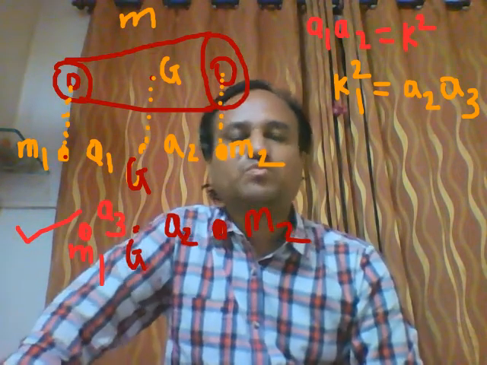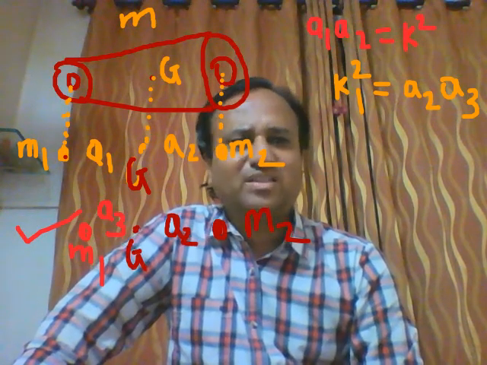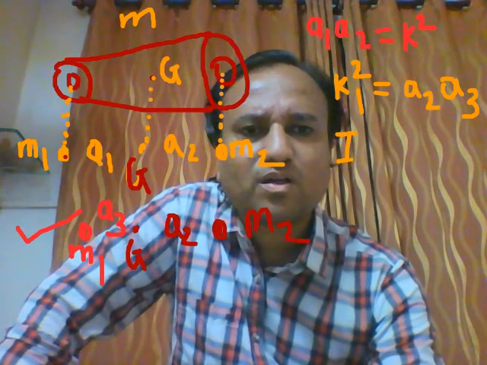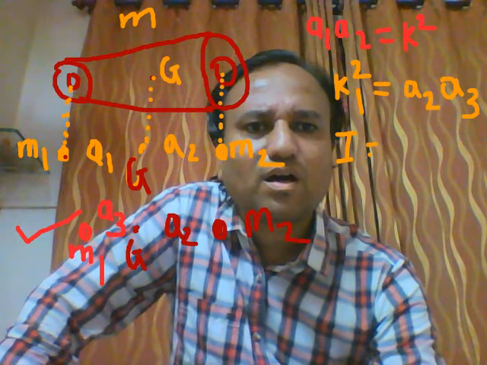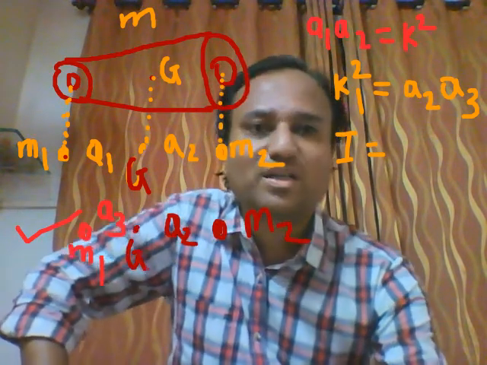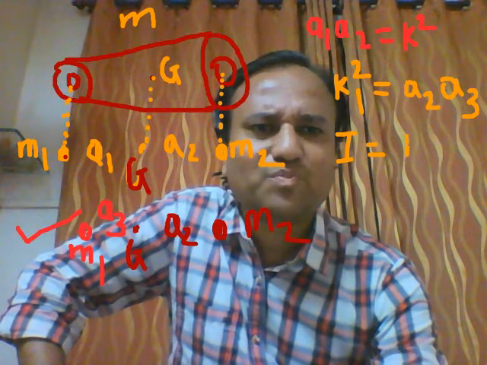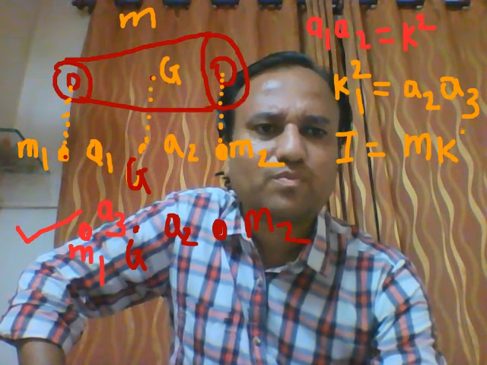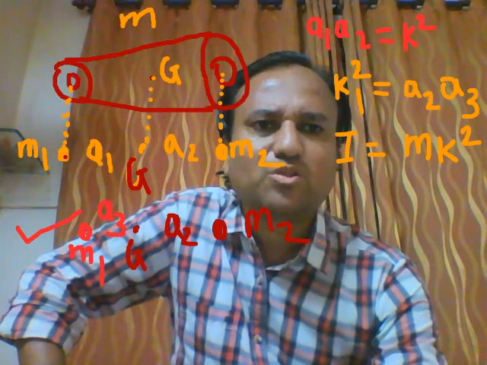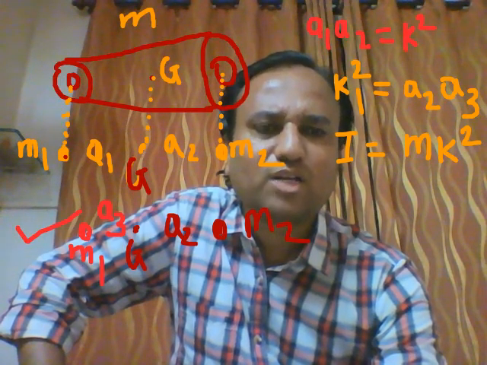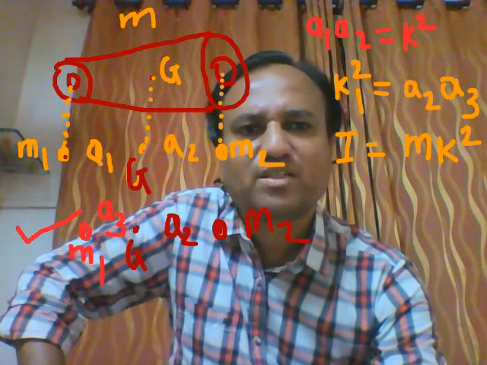Right student, now next I will substitute the value of I, that is the moment of inertia when placing the mass arbitrarily. I is equal to mk square. Substitute k square is equal to A1, A2 here for further simplification.